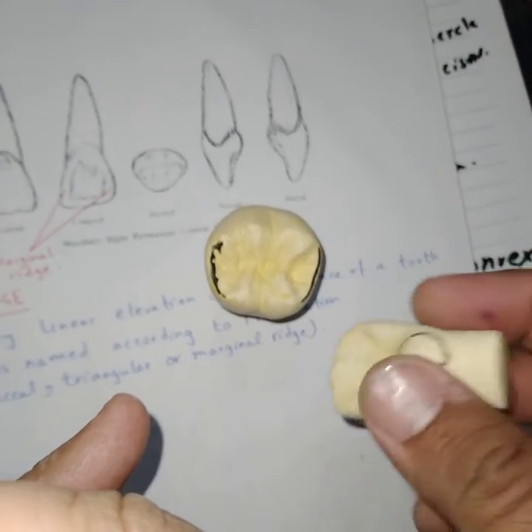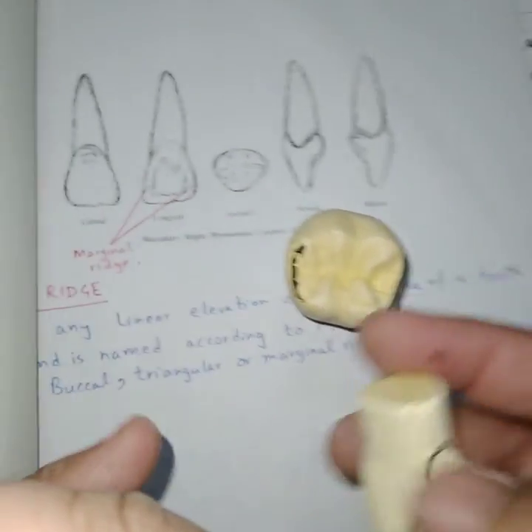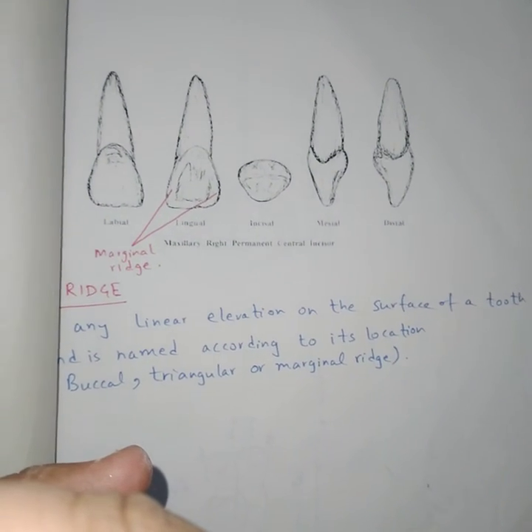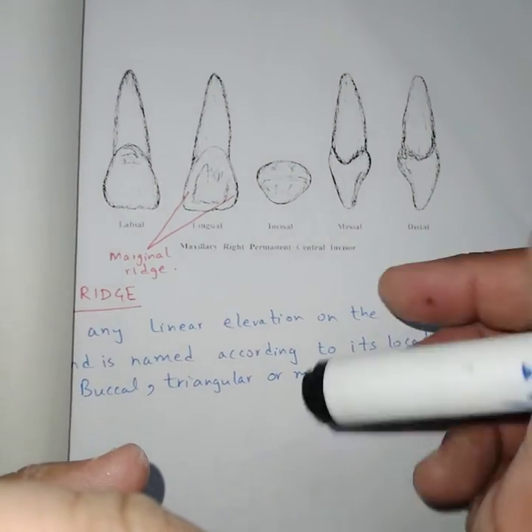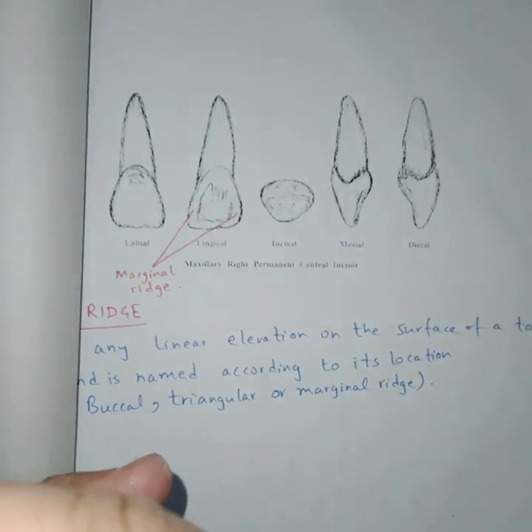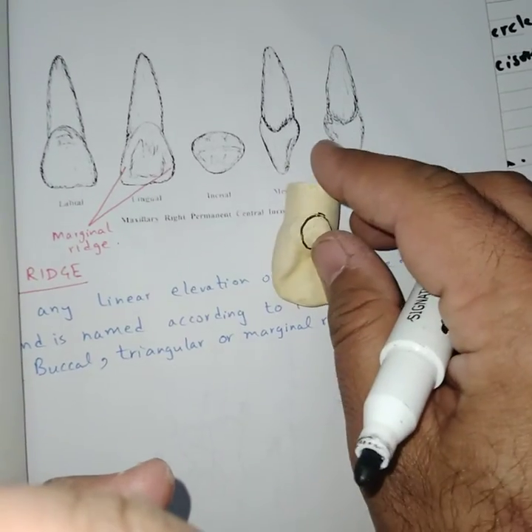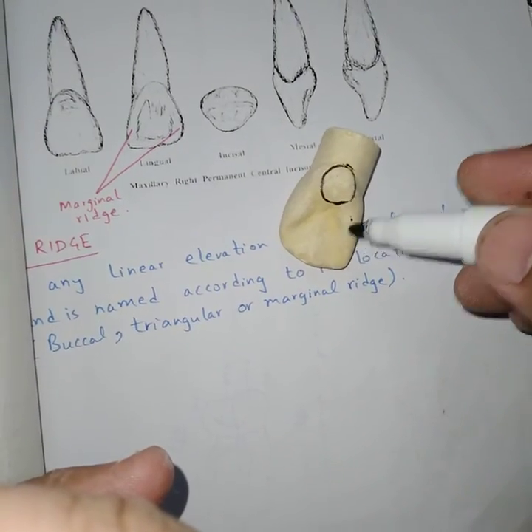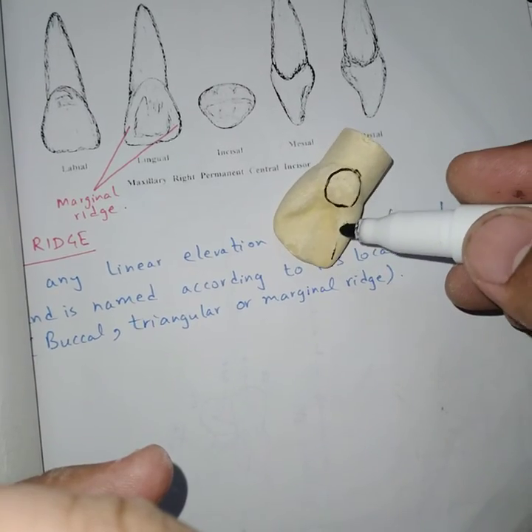In anterior teeth, the marginal ridges are found at the lateral margins of the lingual surfaces. Here they are found. These are the lateral margins.